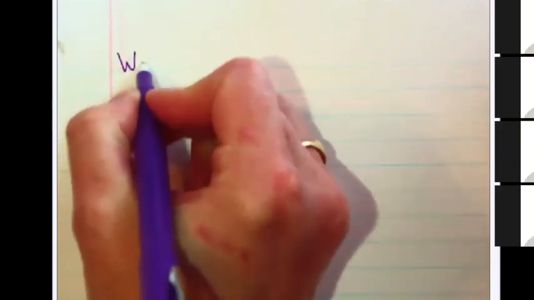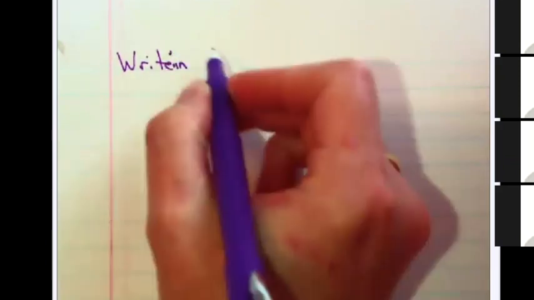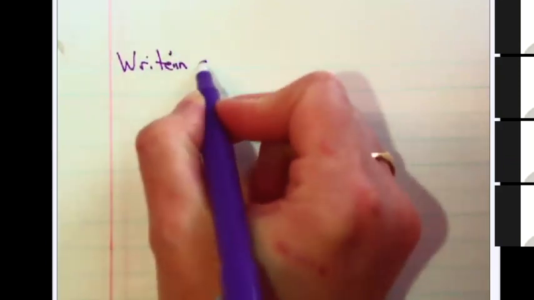So let's look at a couple of examples, and I actually want to write these down. Make sure I don't get my papers switched around. Okay. So what if we want to write this in exponential form?